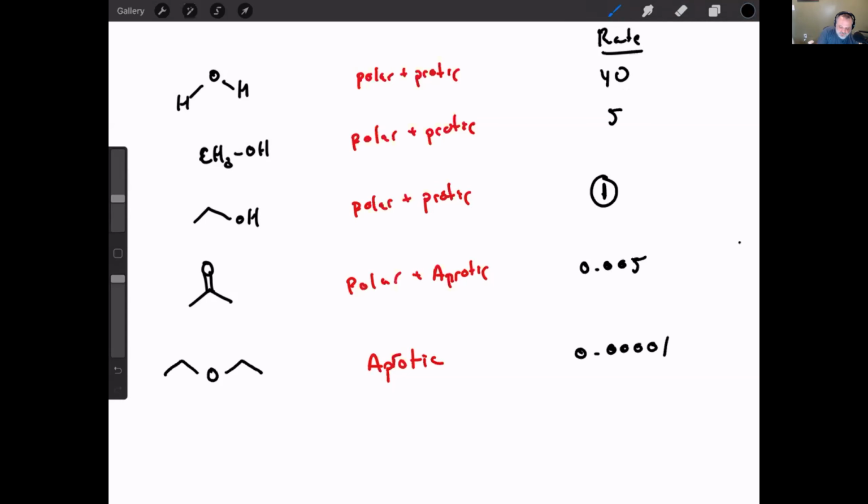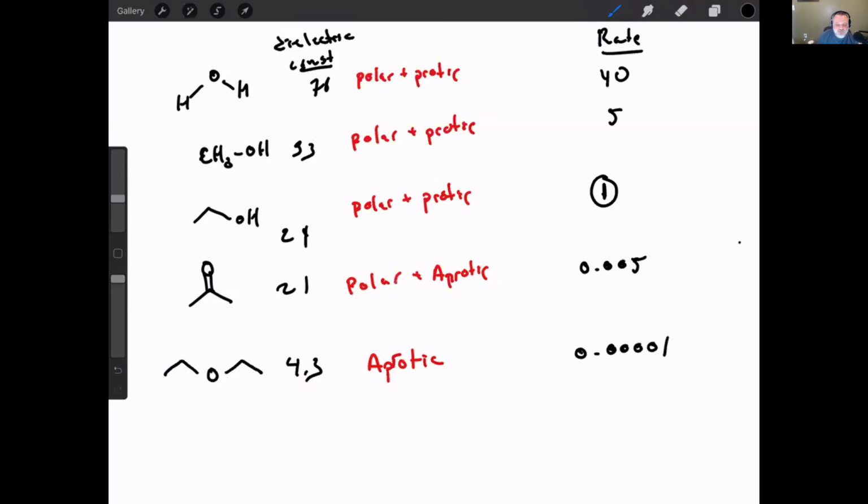Water is definitely the most polar here. If you look at something called the dielectric constant, 78, 30, 33, 24, 21, and 4.3.